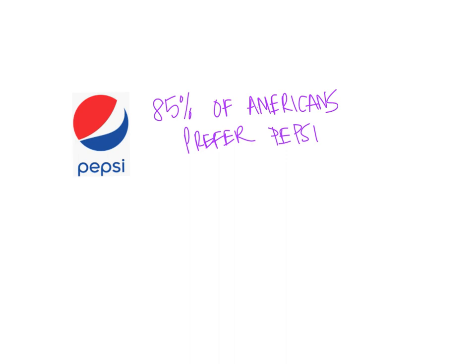But it's important to include that when they're conducting their sample, they have to make sure that it's representative of the population. So they're not able to just only survey New Yorkers and then say that 85% of Americans prefer Pepsi. They'd have to make sure that their sample included people from each state, people that live in different types of communities, so that it's not favoring one part of this population or one group more than another.